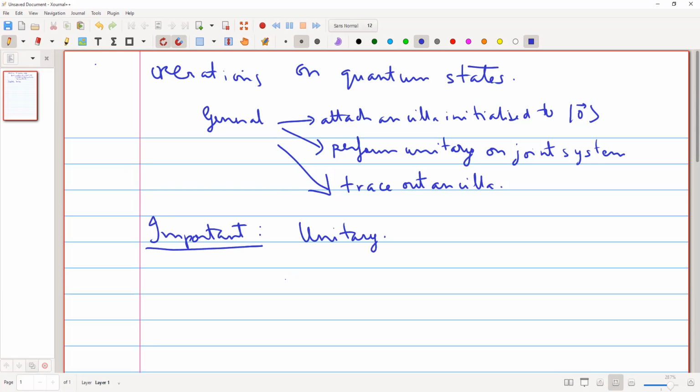And the second one was measurement. And then, of course, there are other ones which we do without thinking, like just attaching an ancilla initialized to any fixed state. That would be a quantum operation, or just tracing out part of it.